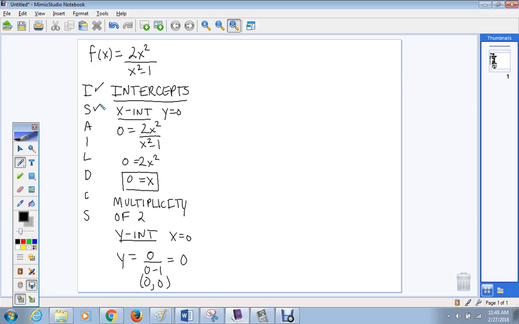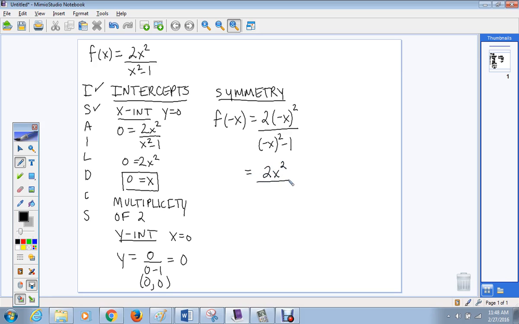S stands for symmetry. So let's look at the symmetry of this graph, if it has any. So to determine symmetry, we plug in a negative x to our function, and then even powers we rewrite like this.